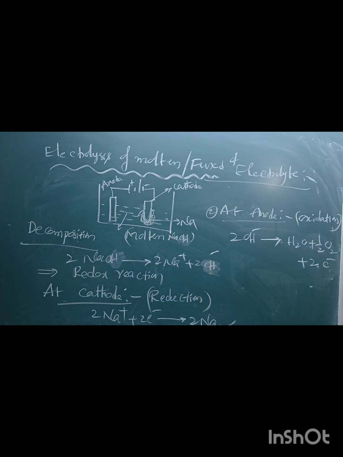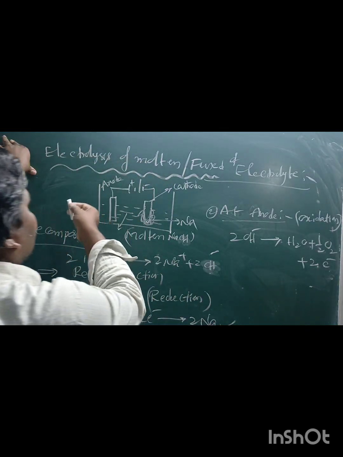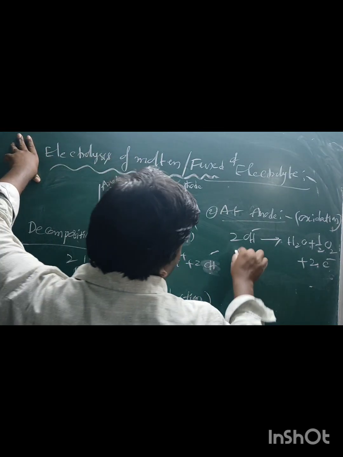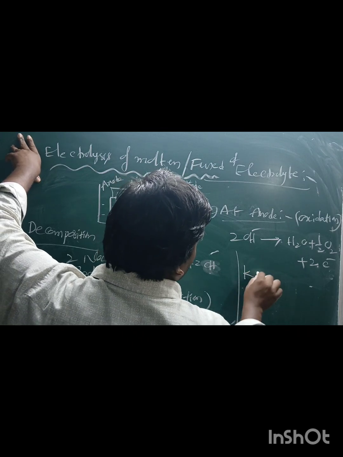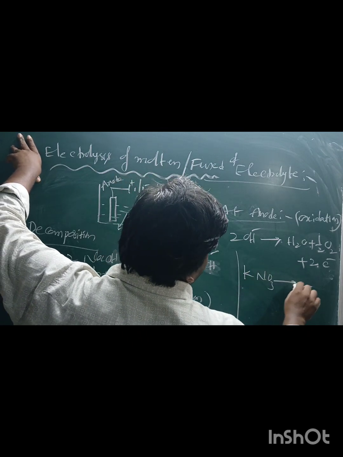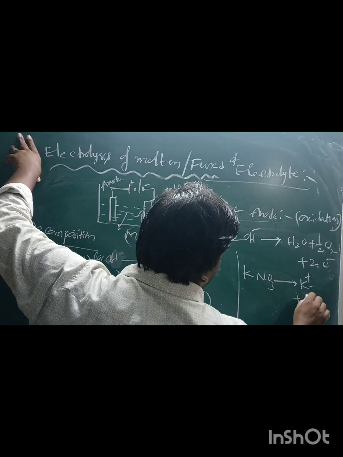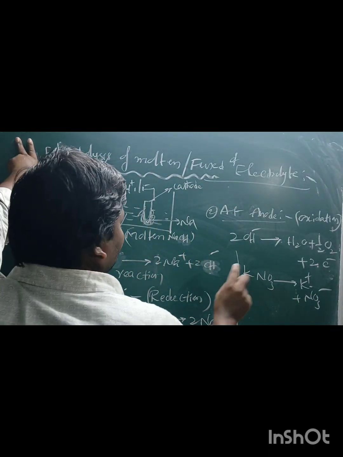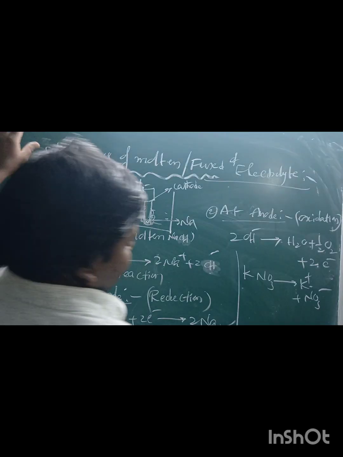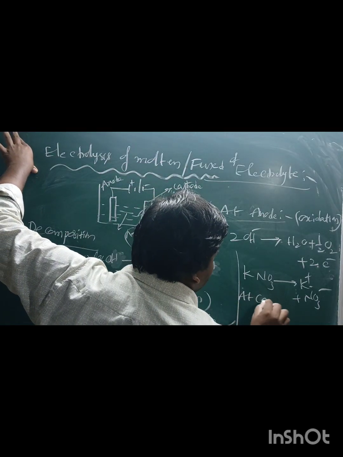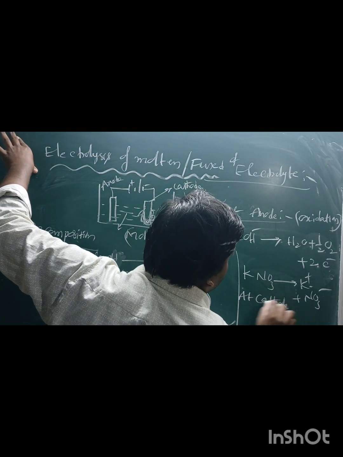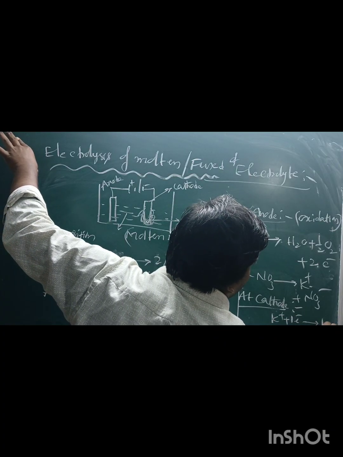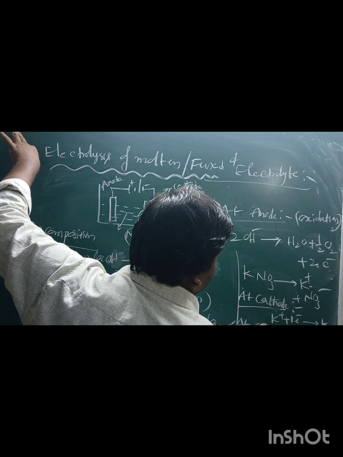Okay, like that, if you take electrolysis of molten KNO3, I am taking here. K plus and NO3 minus ions are formed. At the cathode, K plus ion gains electron to form potassium metal, which is deposited.